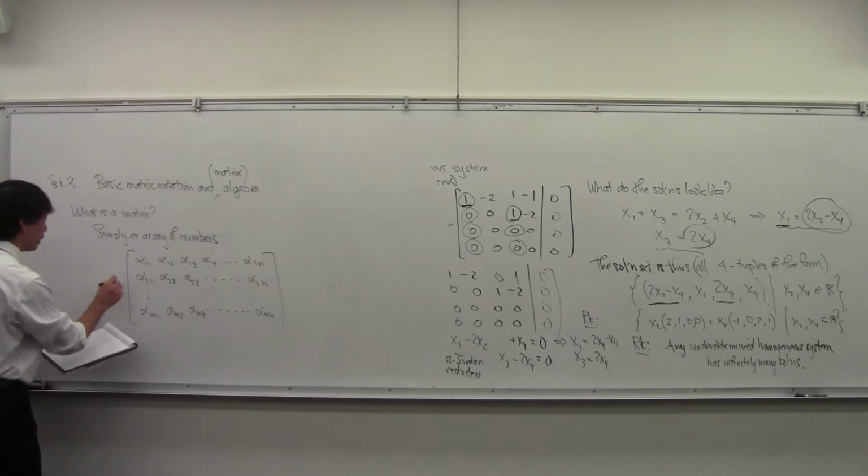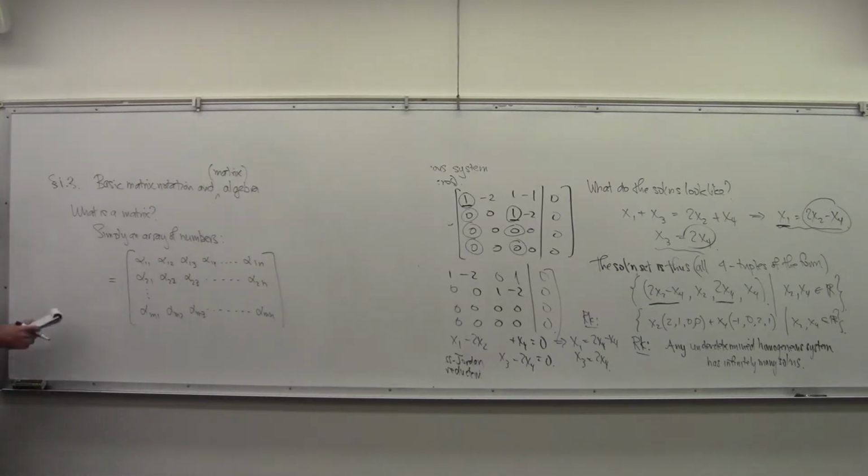So we will usually abbreviate this sort of thing by just writing alpha ij, where i ranges from 1 to m, and j ranges from 1 to n.